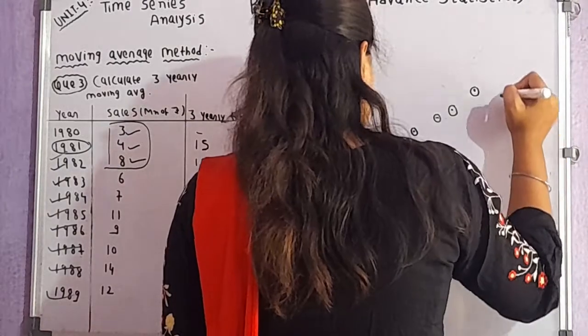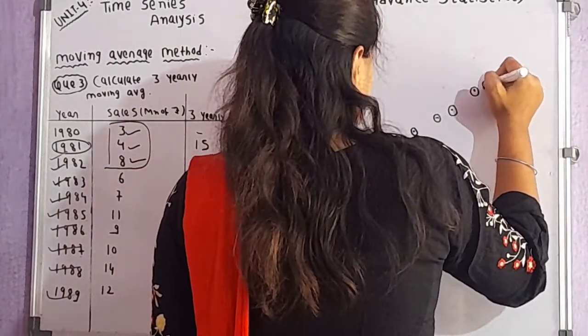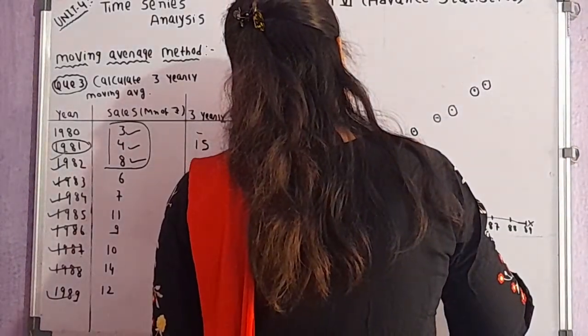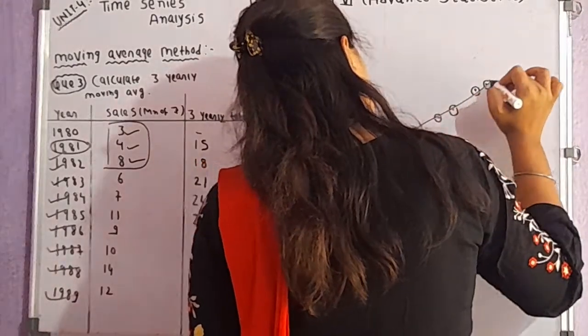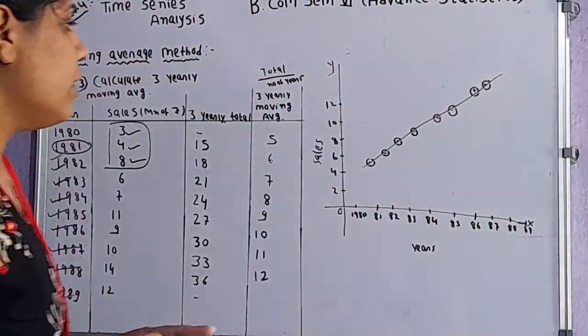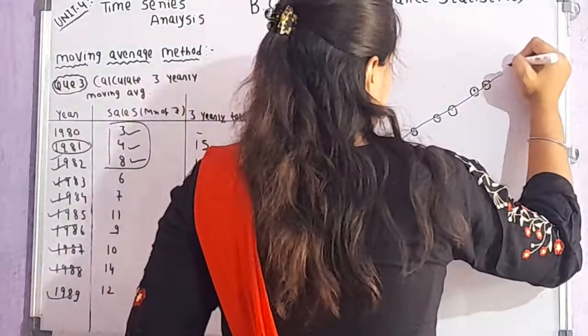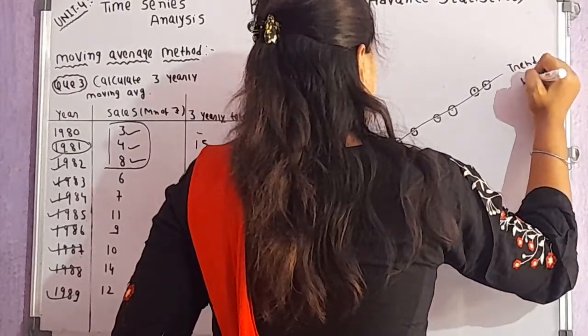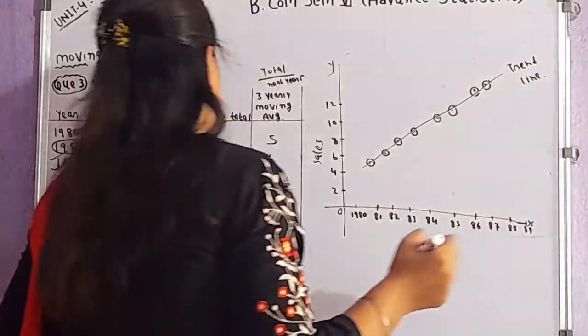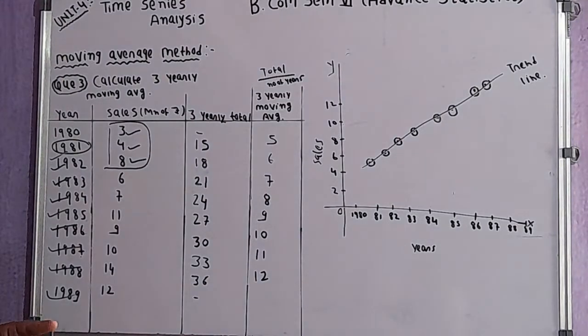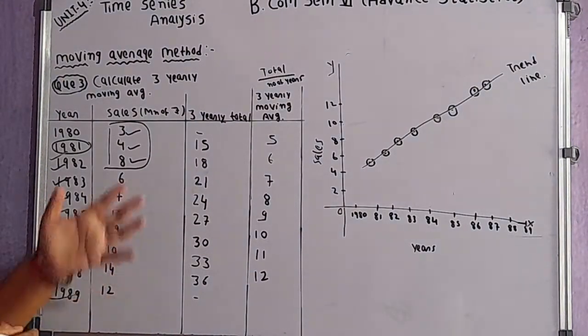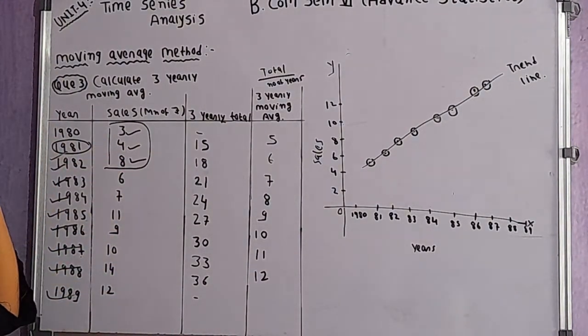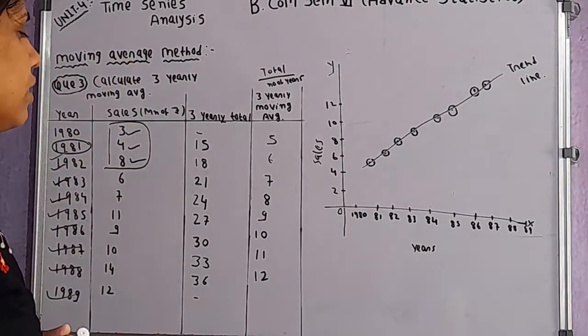So 1988 would be 12. This way we have got this trend line which is going upward. This trend line is showing that there is an increase in the sales in every 3 years. There is an inclining trend in the sales in every 3 years.